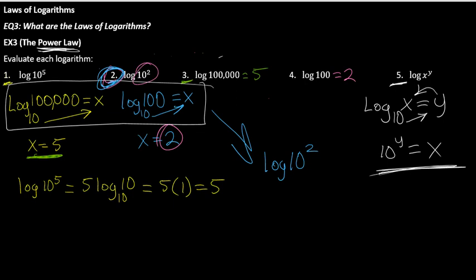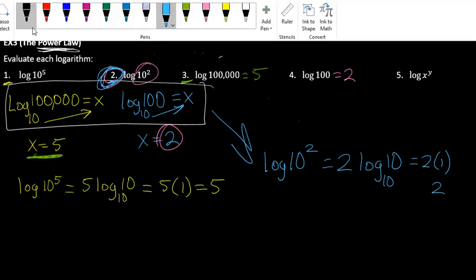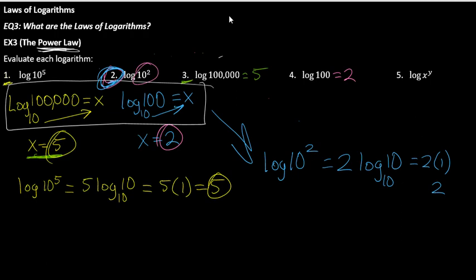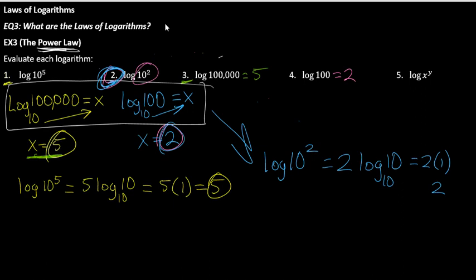And I can go ahead and say that that guy is equal to 2 times the log of 10 to the 1st power, right? And 10 to what power is going to give me 10? 1. And again, we're going to end up with 2 times 1, which is 2. Did our answers match? Well, in yellow, both times we just got 5. In blue, both times we just got 2.